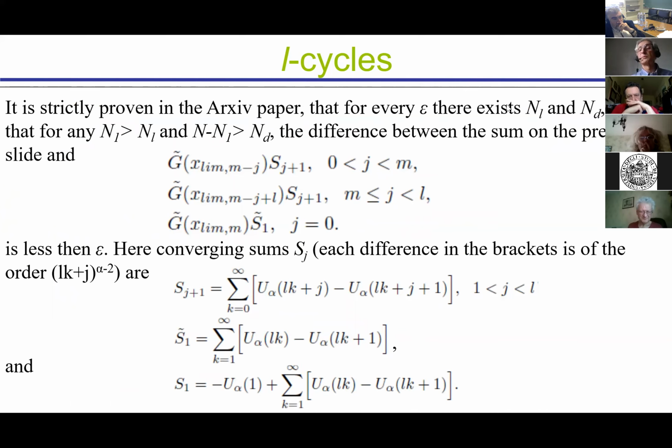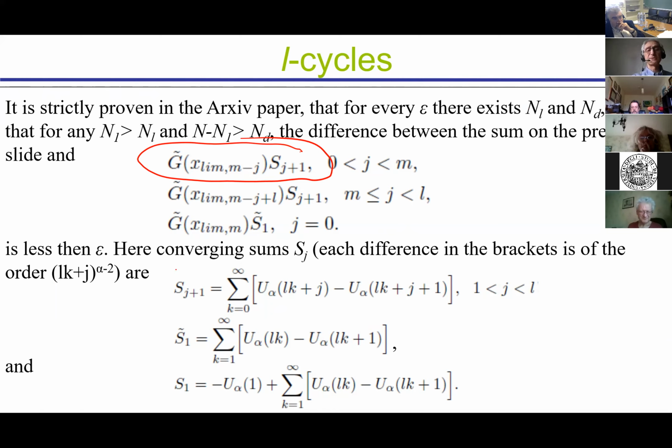Actually, how to pick up two values of n, nL and nD, such that when n1 is more than nL and n minus n1 is more than nD, the difference between those sums and those values can be made less than epsilon for any epsilon.